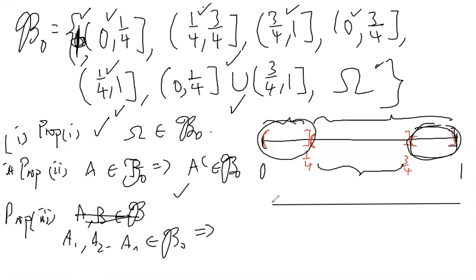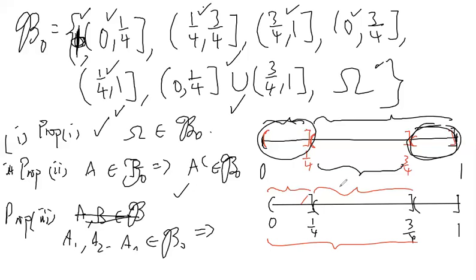Okay, so if you have 0 to 1/4, you union it with 1/4 to 3/4. 0 to 1/4 is this interval here. If you union this guy, you will get this guy, which is 0 to 3/4.